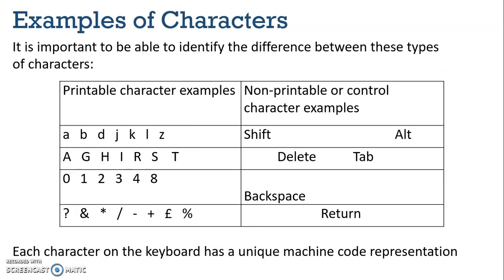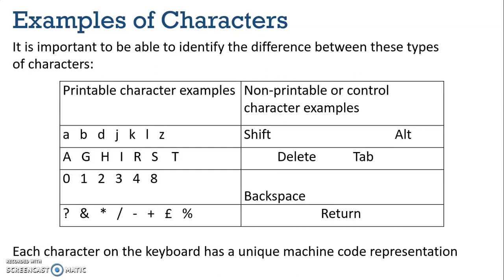So when talking about characters, it's important that you're able to differentiate between the two types of characters that we're going to look at. So on the left hand side of the table is what is known as printable characters. So that's all your lower and uppercase letters, your numbers, and all of your symbols. They're called printable because when you click on them on the keyboard, they appear on screen, so they print something onto the screen.